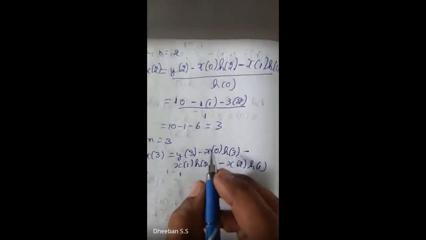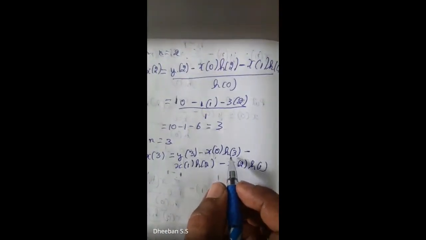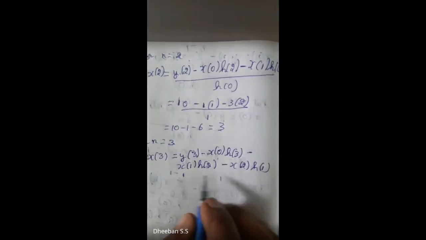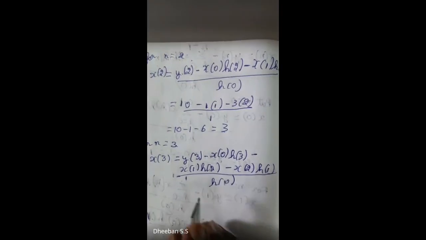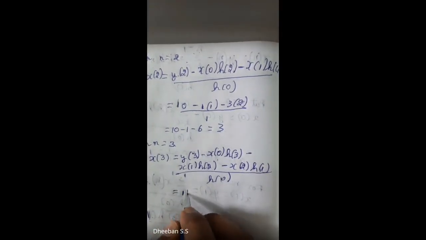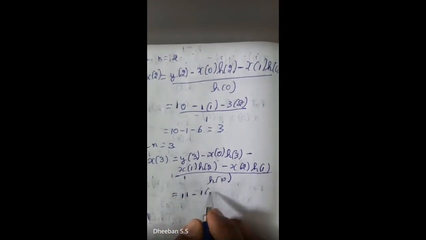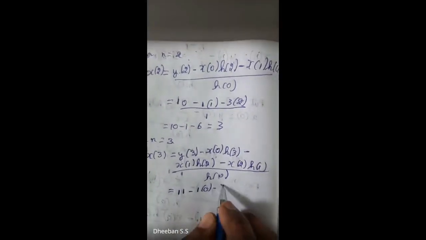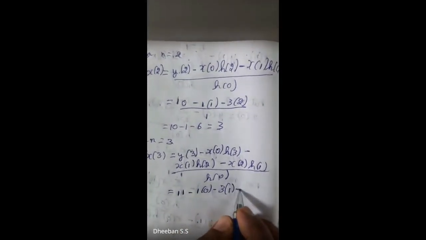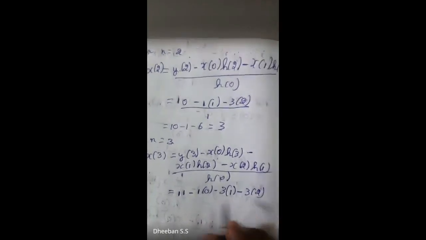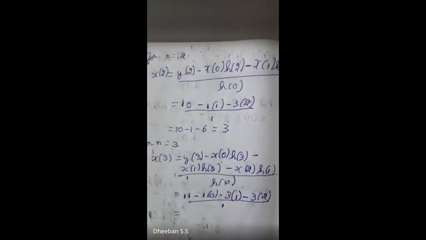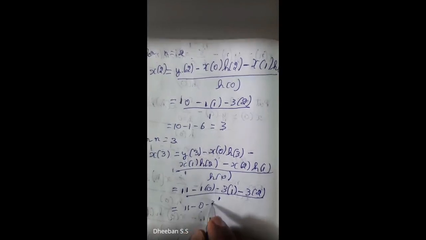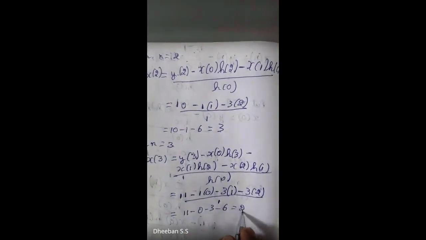So one value keeps on increasing and another value keeps on decreasing, divided by h naught. We're getting 11 minus 1 into 0 minus 3 into 1 minus 3 into 2 by 1. So we're getting 11 minus 0 minus 3 minus 6 and we're getting 2.